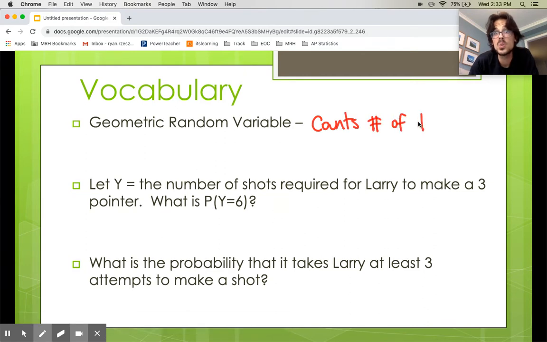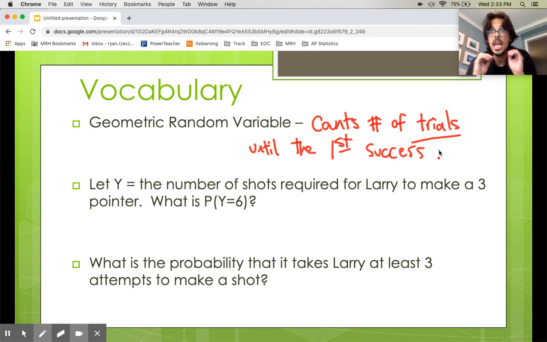So it's the number of trials, not the number of successes, until the first success. So in a geometric setup, as soon as you get a success, we all go home. Problem over. You look till you get that first success, but you're counting how many trials it takes to get there instead of how many successes you're going to have.